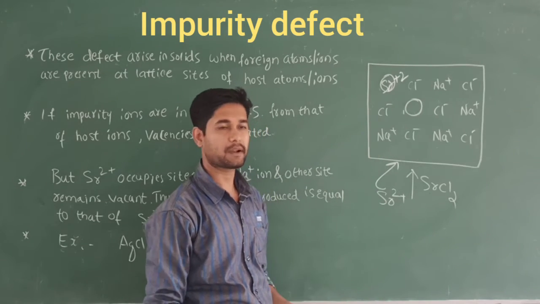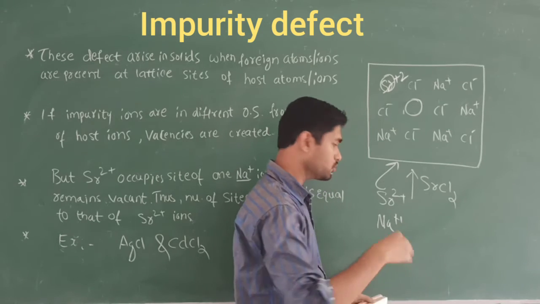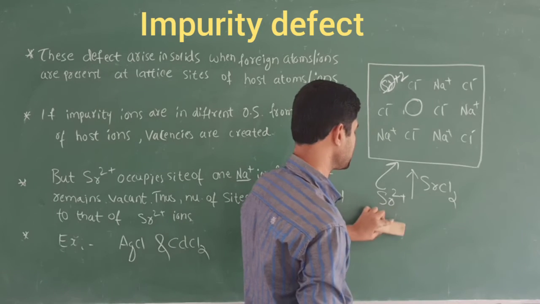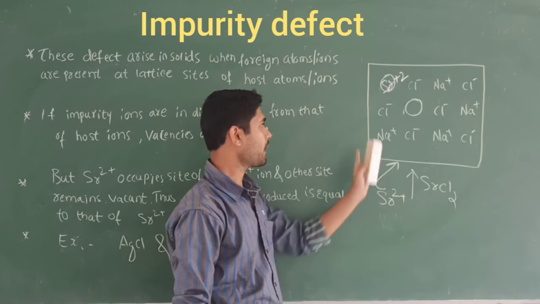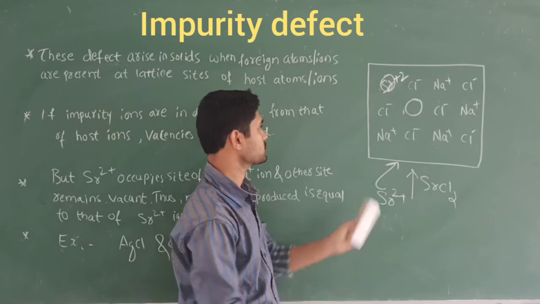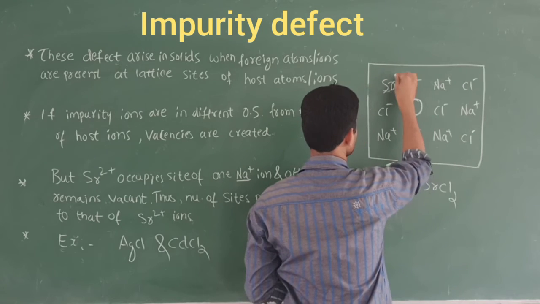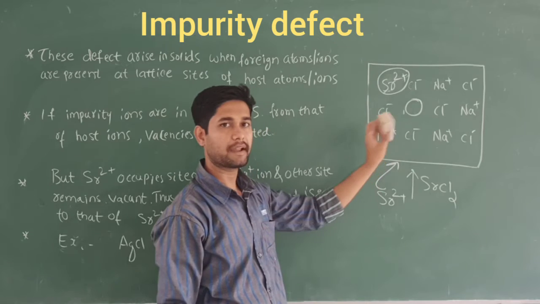Because of the valency parameter. 1 Na plus contains plus 1 oxidation state, so 2 Na plus contain plus 2. So in order to maintain the charge, I add 1 strontium 2 plus and eliminate the 2 Na plus. One position is occupied by the strontium 2 plus ion, and one space is vacant.